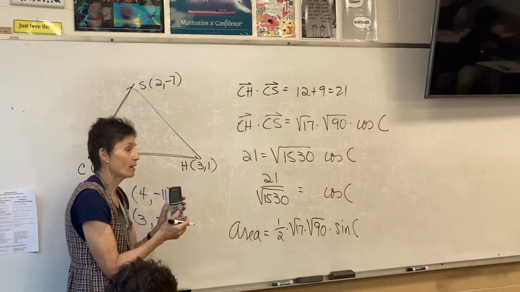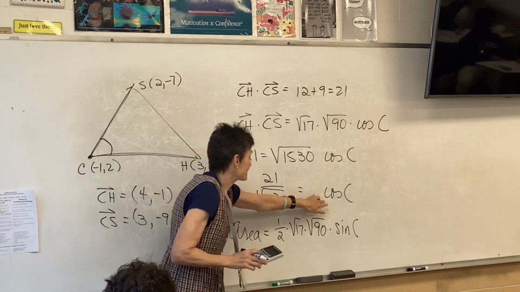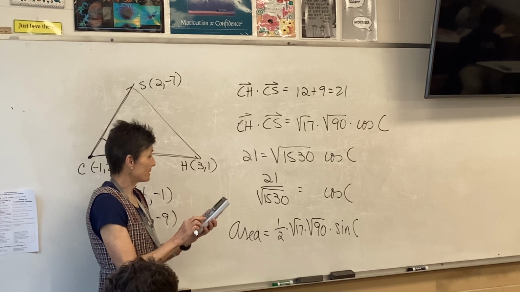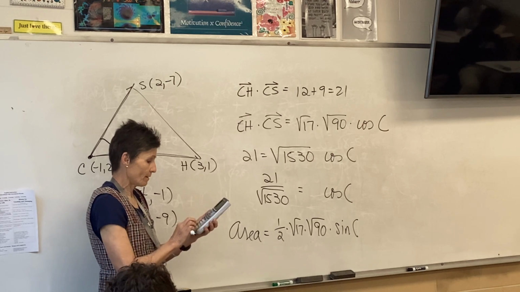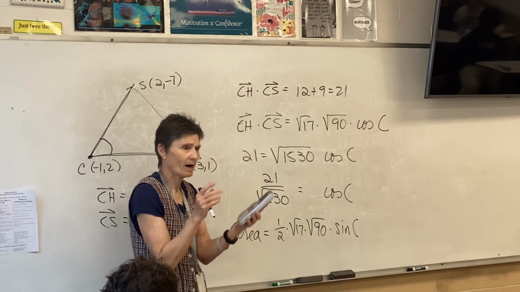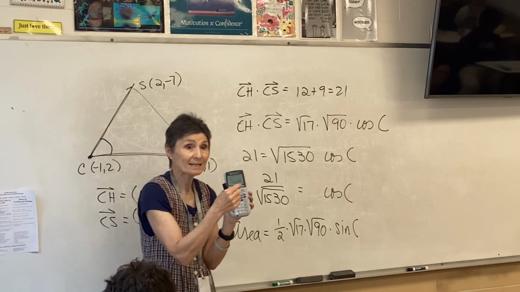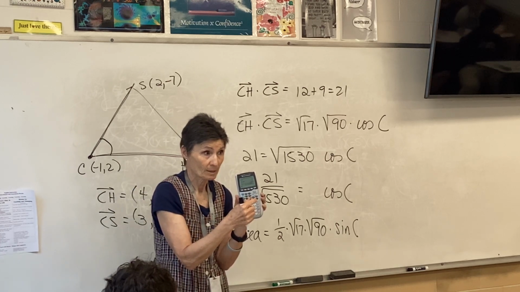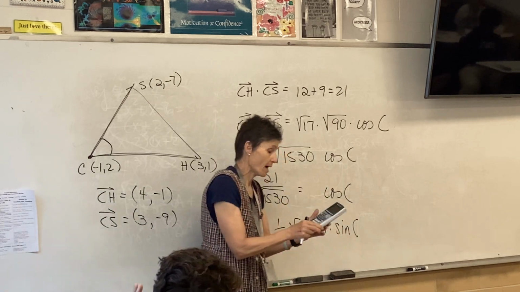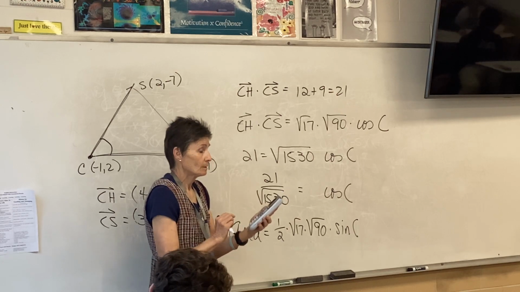Now I'm going to do this totally on my calculator. So I'm going to second cosine 21 divided by the square root of 1530. And I got 57.5 something. Is that what you got? Please work with me. Now that is angle C. In my area formula, I need to know the sine, so I'm just going to do sine of the answer.